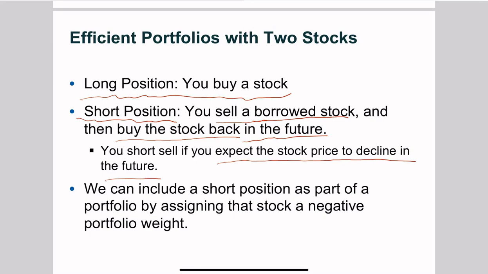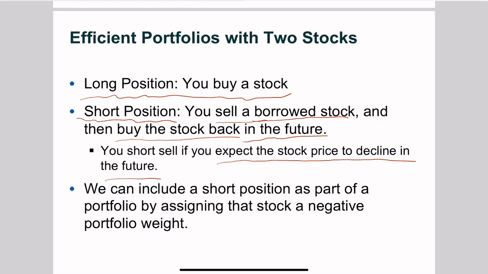Well, what I can do is today I will sell a borrowed share for $400. And in 1 month, if my prediction is true, I could buy back this Apple stock at $300. So you can see that I could earn this $100 difference. To be more precise, this $100 decline in Apple stock price, that's my profit.